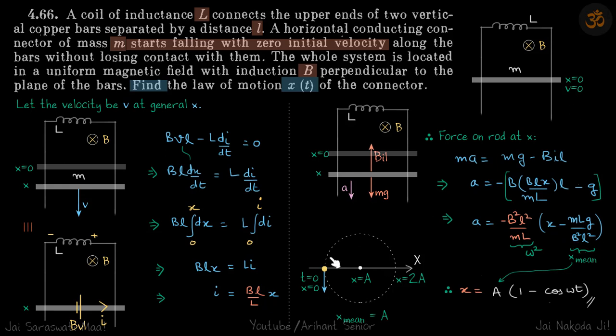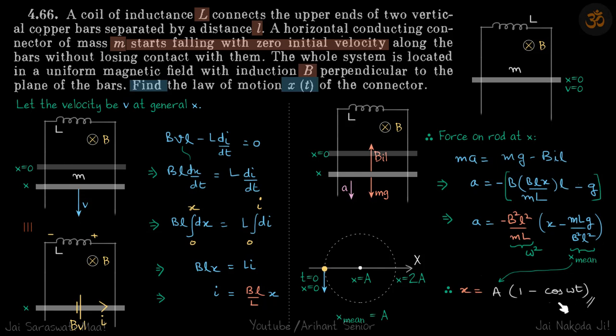So if you plot it in the phase diagram, if this represents the x-axis, this is x equal to 0, this will be a, and this will be 2a. Now this is the mean position, so that is same as amplitude. And when it starts from here, our standard equation is x equal to a times 1 minus cos omega t.